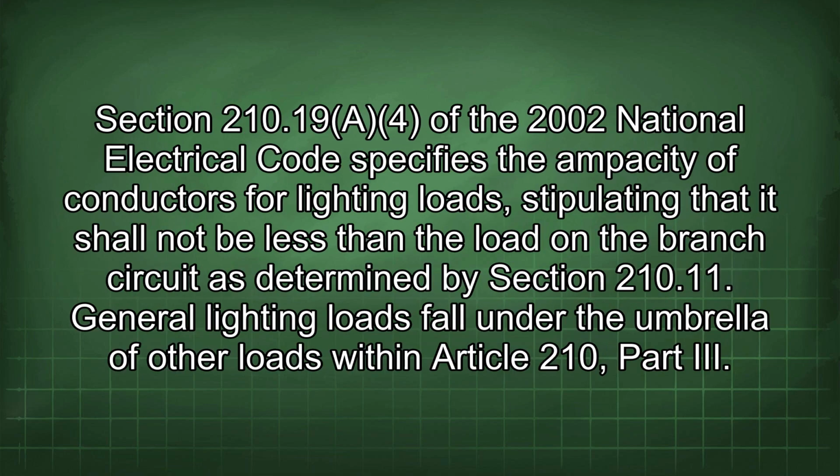Section 210.19 of the 2002 National Electrical Code specifies the ampacity of conductors for lighting loads, stipulating that it shall not be less than the load on the branch circuit as determined by Section 210.11. General lighting loads fall under the umbrella of other loads within Article 210, Part Roman 3.